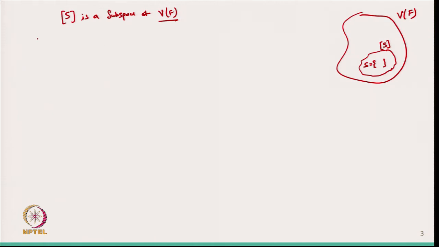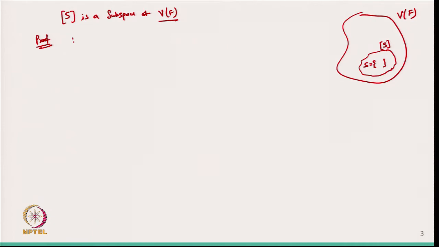Now, how can we do that? What we have to do is satisfy the two properties of vector addition and scalar multiplication, and if that is there, then we can say that this is a subspace.